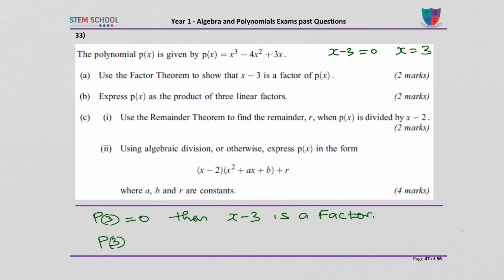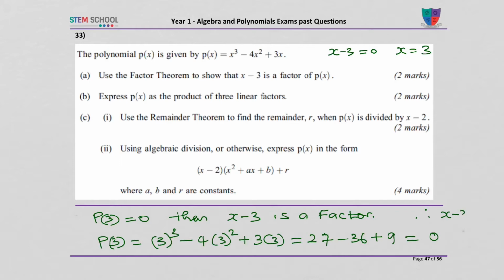P of 3 equals 3 cubed minus 4 times 3 squared plus 3 times 3, and that equals 27 minus 36 plus 9, and that equals 0. Therefore, x minus 3 is a factor.